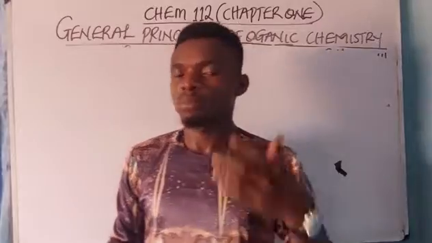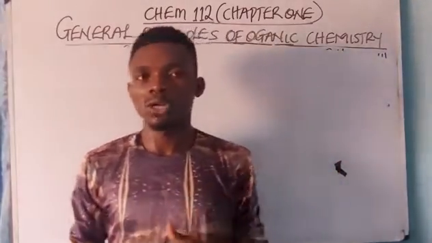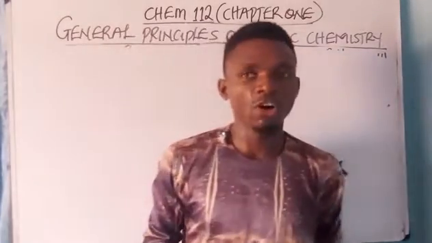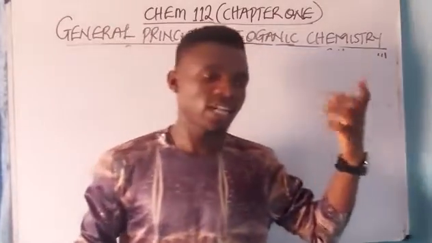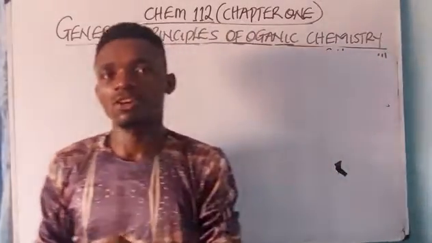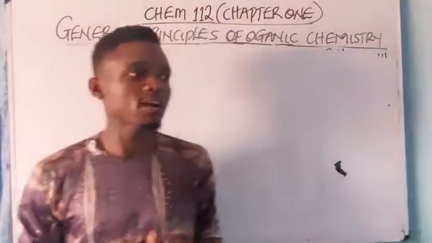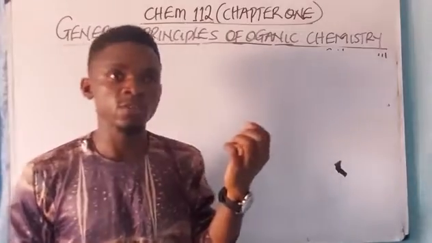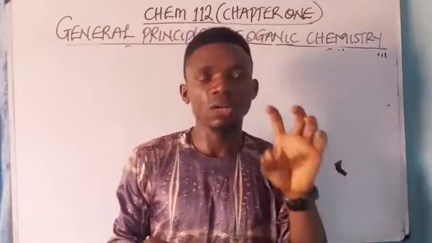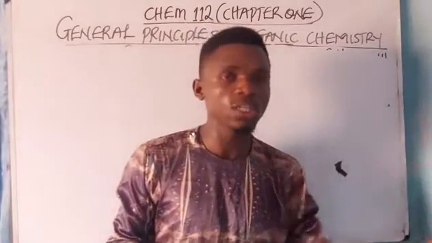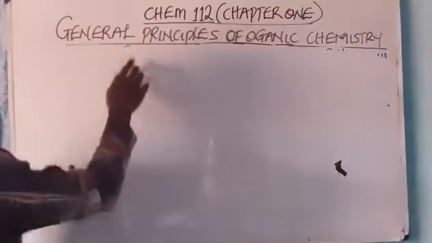For example, if I have two immiscible liquids, that is liquids that do not dissolve each other, what separation technique can I use to separate them? Or if I have an insoluble solid in a solvent, what technique can I use? Or if I have a coloring substance, what can I use to separate it from other substances? If I have a substance that can undergo sublimation, that can change from solid to gas, what technique can I use? That is what this topic is all about.